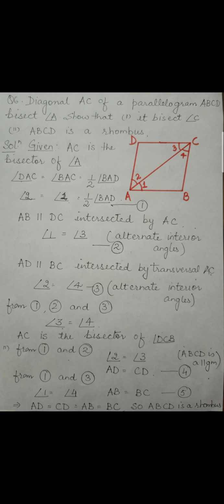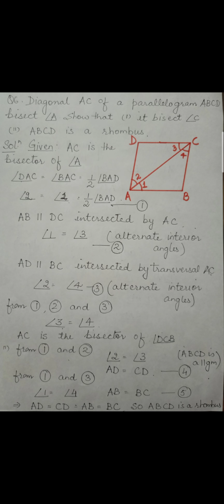So we are supposing here angle DAC as 2, CAB as 1 and DCA as 3, BCA as 4. So here 2 is equal to 1, this is given. And we have to prove 3 is equal to 4. Now we are using that it is a parallelogram. ABCD is a parallelogram.